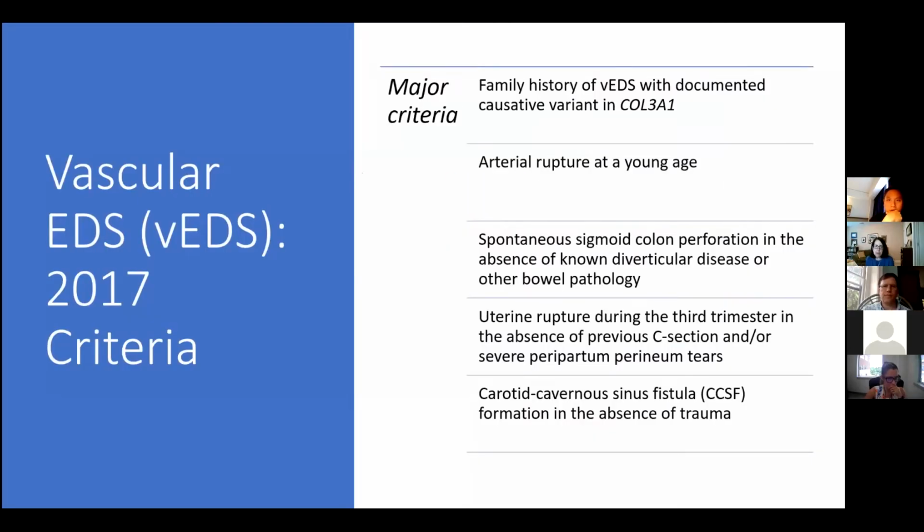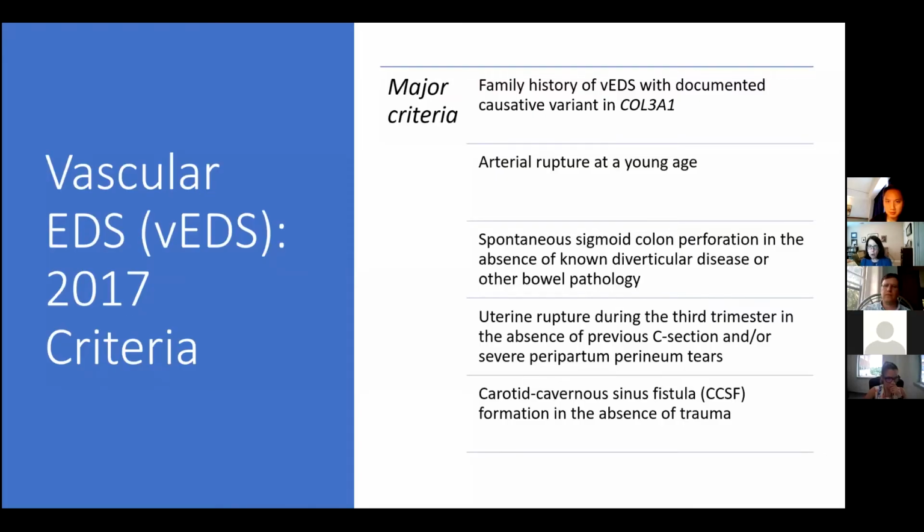Now, the vascular type of EDS, the major criteria include a family history of vascular EDS with documented variant in COL3A1, arterial rupture at a young age, and typically these are the medium-sized arteries in the abdomen, like the splenic artery, hepatic artery, gastric artery, those size arteries.